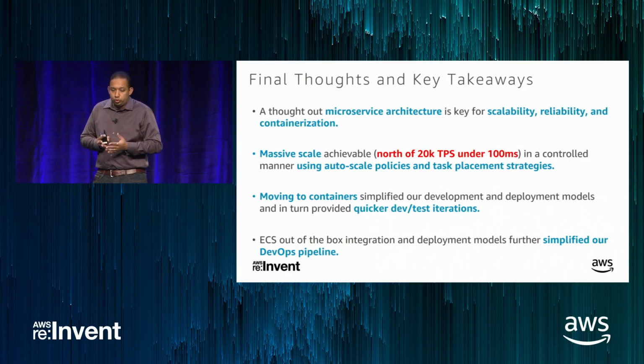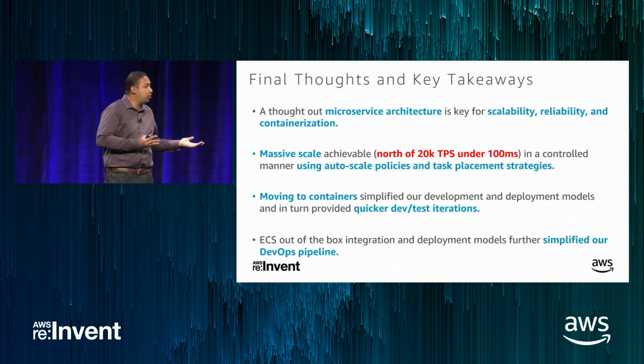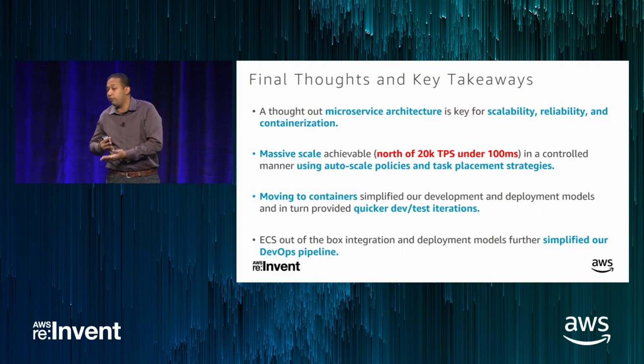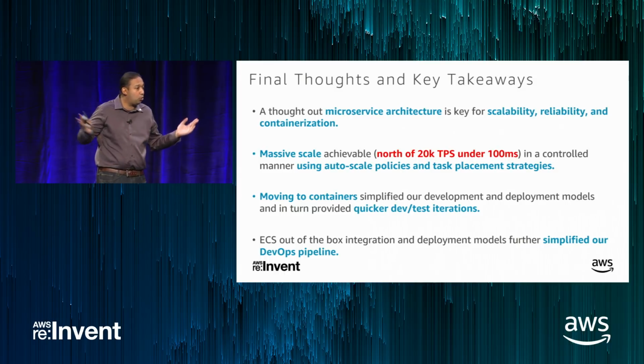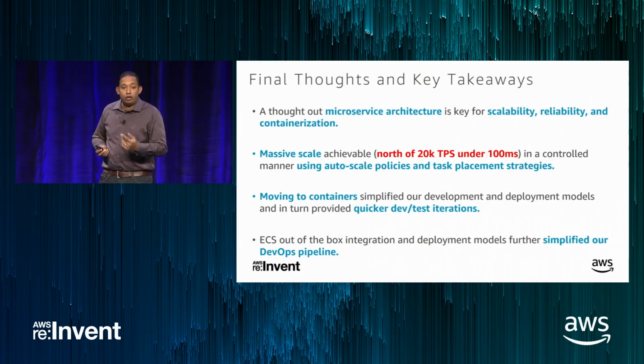Once you have good containerization and a microservice strategy, massive scale is really achievable through ECS. So a big kudos to the ECS team for making this available out of the box. The auto scaling policies that Manjiva mentioned, as well as the task placement strategies, really helped us achieve this 20,000 TPS within 100 milliseconds for each call.